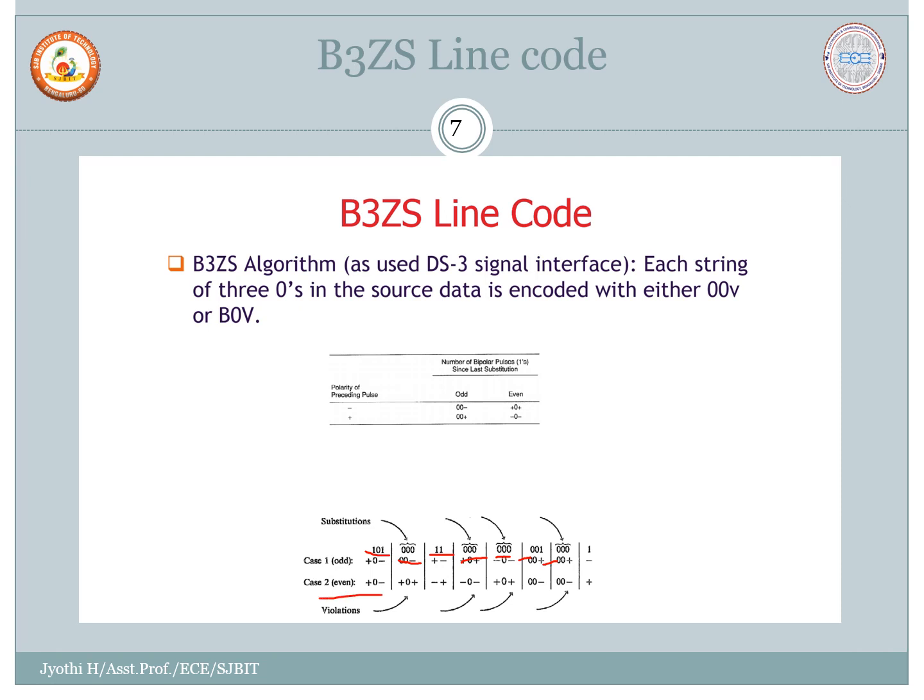So case 2 is plus 0 minus plus 0 plus minus plus 0 minus 0 minus and plus 0 plus and 0 minus. Case 1 and case 2 depend on the previous one you have considered, whether it is an odd number of 1s or an even number of 1s.